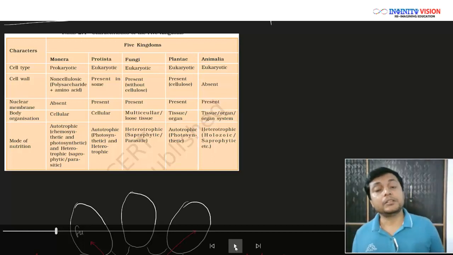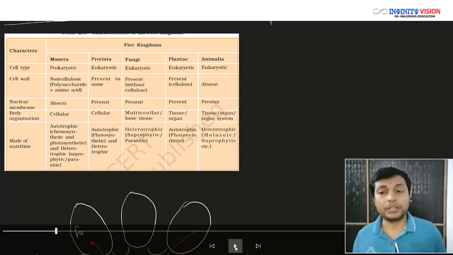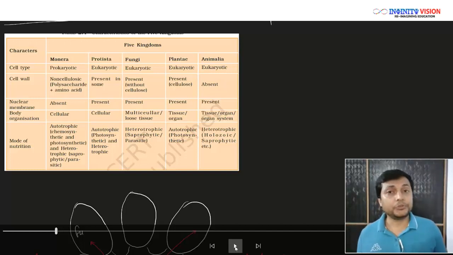In plants, tissue is organized to form organ, but there is no further organization into organ system. Whereas in Animalia, cells unite to form tissue, tissue unites to form organ, and then organ unite to form organ system like digestive system, respiratory system, and so on. And those systems then work with each other to form the organism.